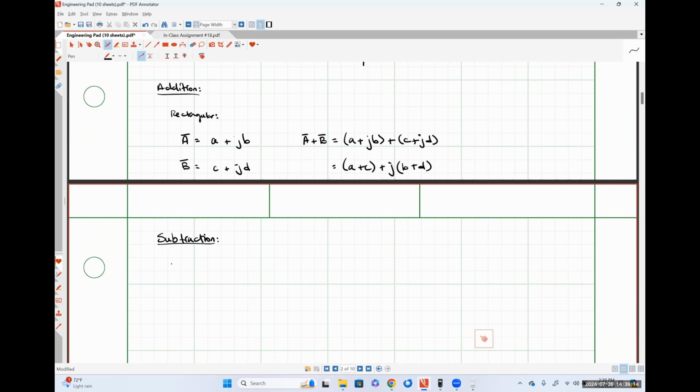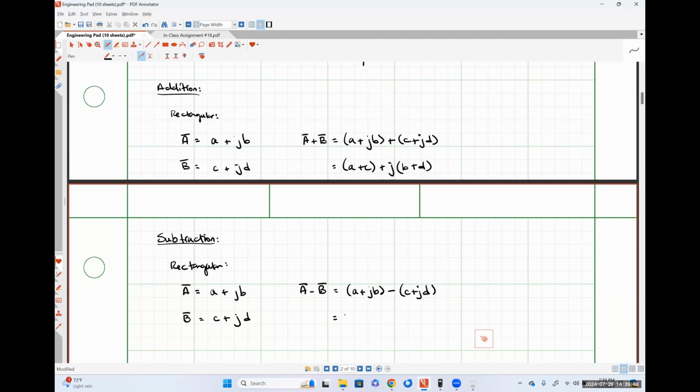So again, dealing with rectangular numbers, if we have a complex number A is equal to a plus jb, and a complex number B is equal to c plus jd, then the subtraction operation would look like A minus B would be equal to a plus jb minus c plus jd.